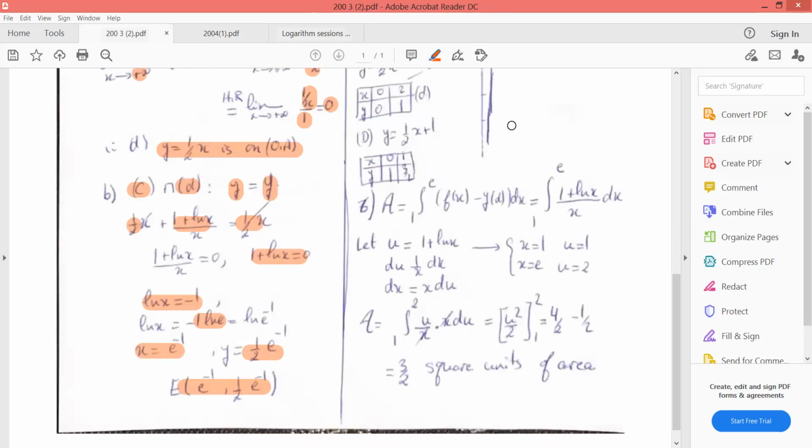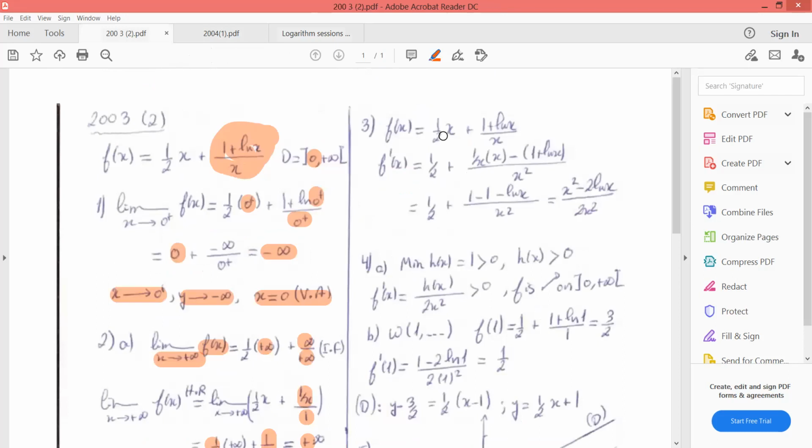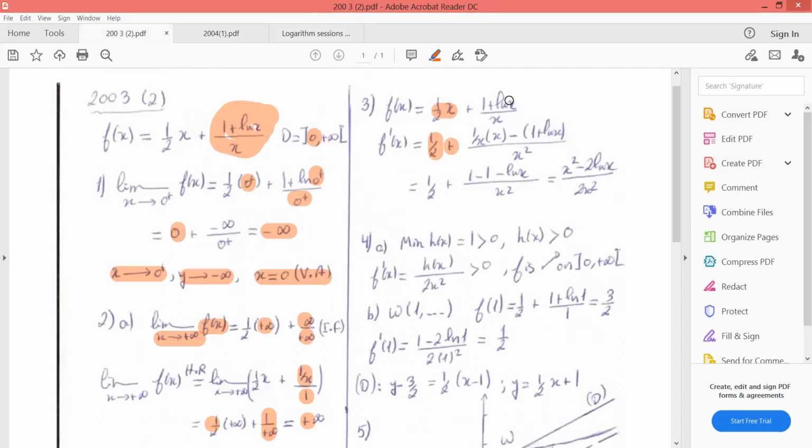So fx equals half x plus 1 plus ln x over x. For this part, the derivative of half x is half, plus this is u over v. u prime, the derivative of 1 plus ln x, is 1 over x, times v which is x, minus v prime, where v is x and v prime is 1, times 1 plus ln x, over x squared.